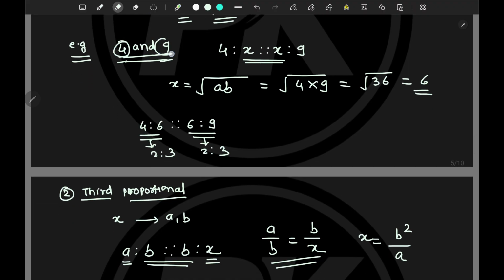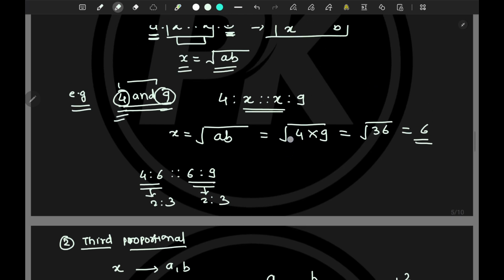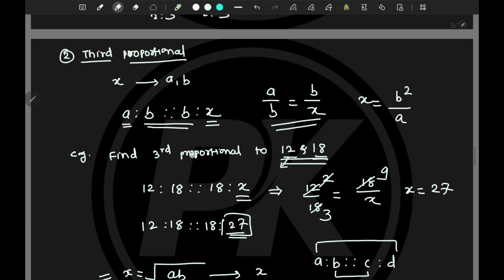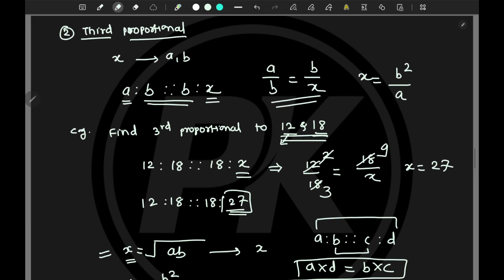If they say find the third proportional of, let's say, a and b, then a as to b is in proportion with b as to x. The third proportional is a kind of continuous proportional, we can call it that also.